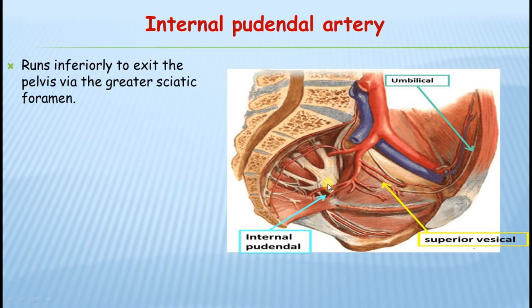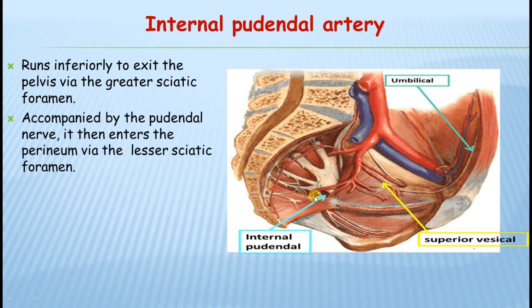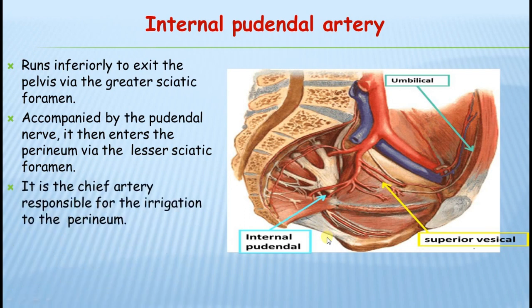So first it goes out through the greater sciatic foramen, leaves the pelvis, and is accompanied by the pudendal nerve and the nerve to obturator internus, then enters again, coming back via the lesser sciatic foramen. It is the chief artery supplying the structures in the perineum.